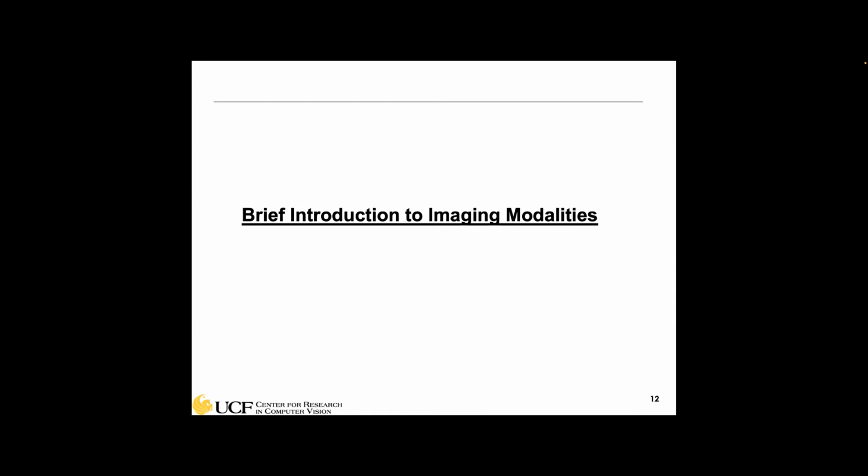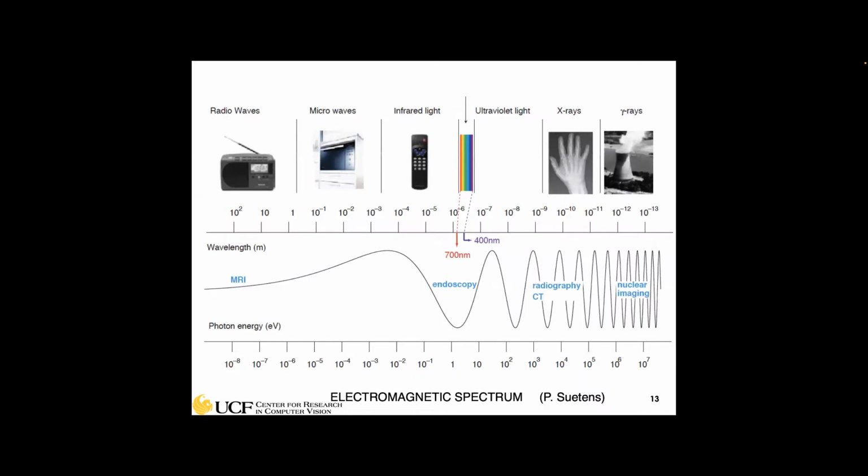Okay, now we're going to have a very brief introduction to the imaging modalities. Before we talk about some of the details, here I want to present the electromagnetic spectrum.